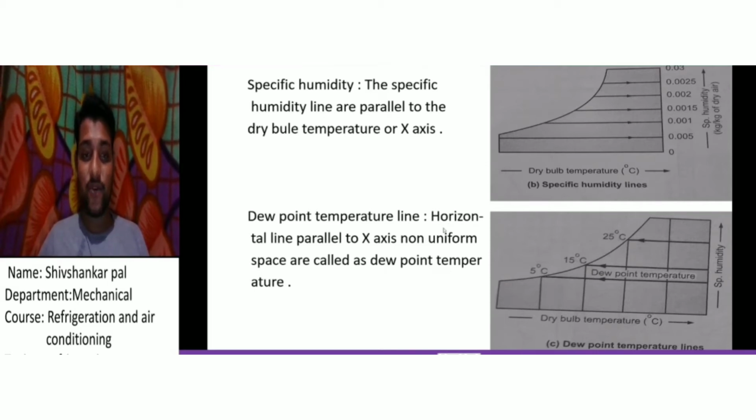This horizontal line is the dew point temperature line, parallel to the x-axis with non-uniform spacing.